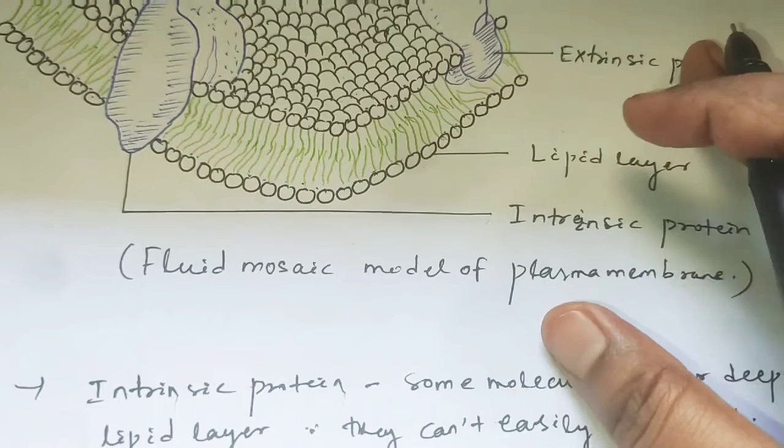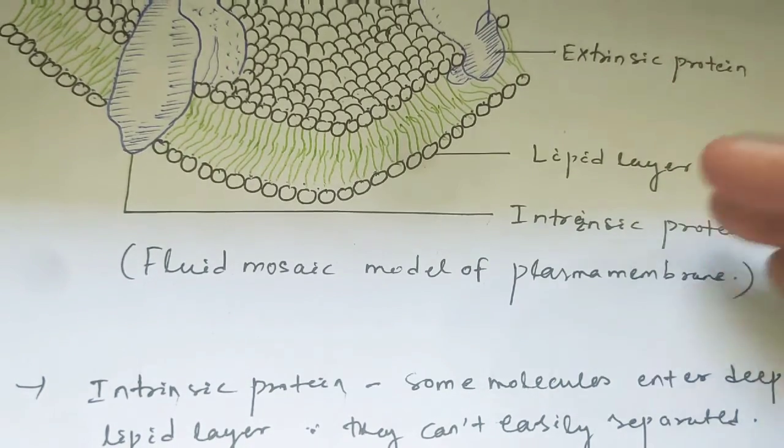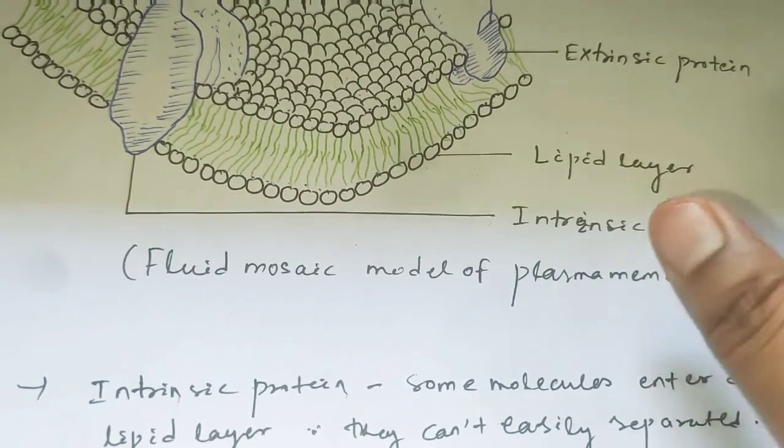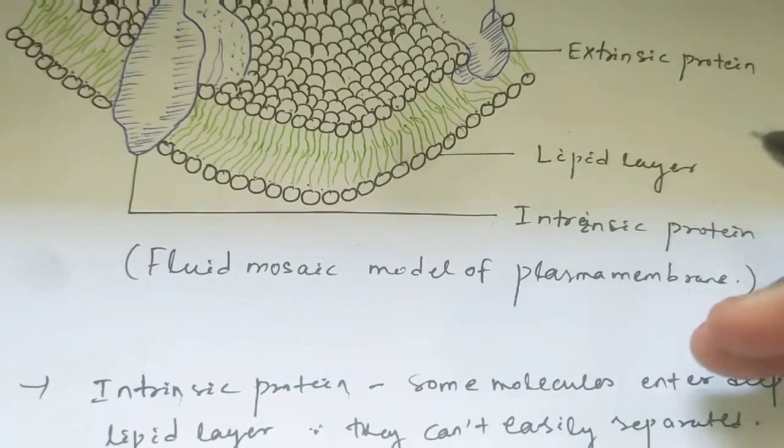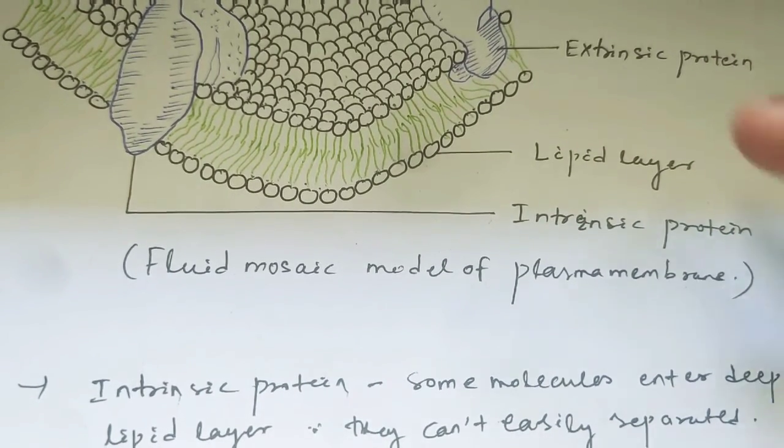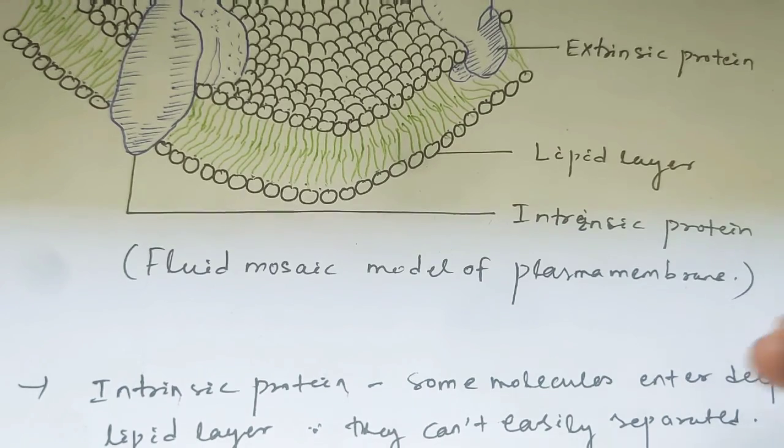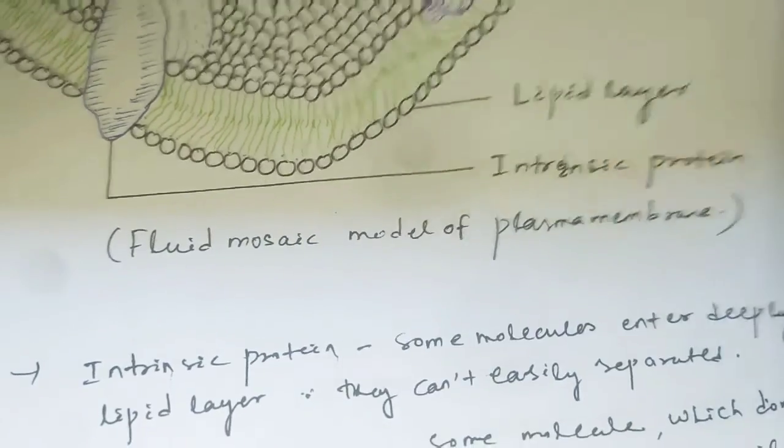If light is present, the protein enters about half into the lipid layer. But in absence of light, only 1/3% remains inside. So here also we can mention that point.